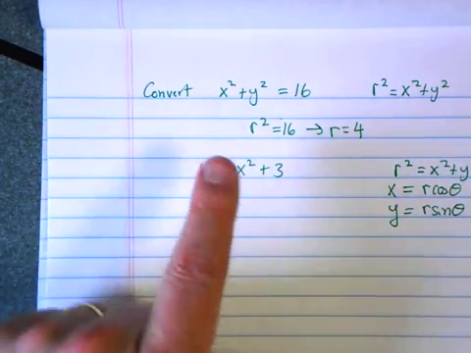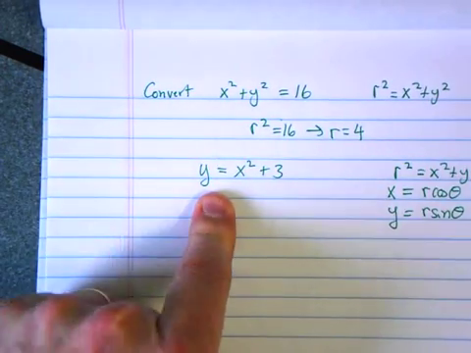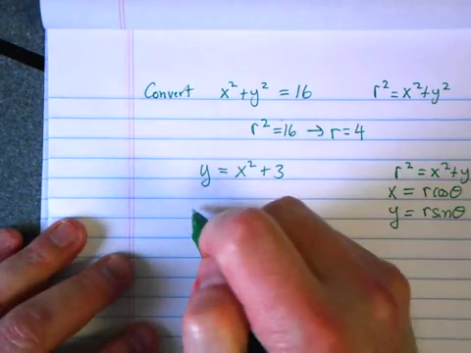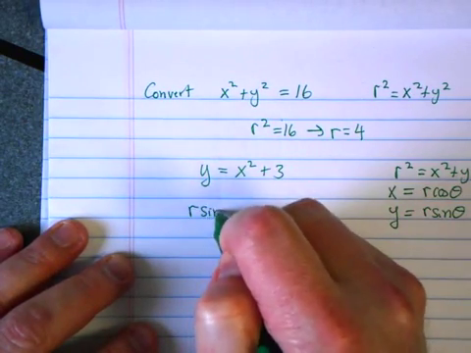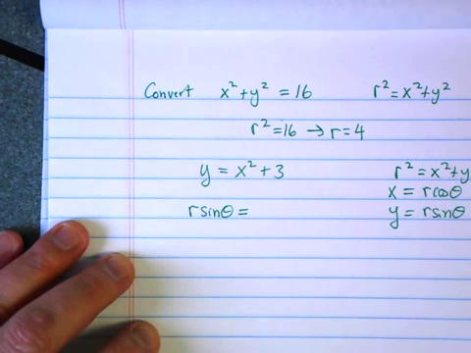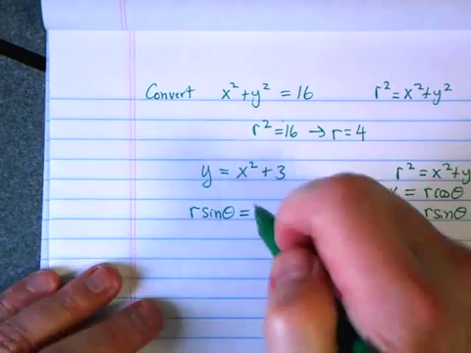So if I want to take this equation and write it in polar form, instead of y, I'm going to write r sine theta. So where there's a y here, I'm going to write r sine theta equals, instead of x squared, I'm going to write r cosine theta squared.